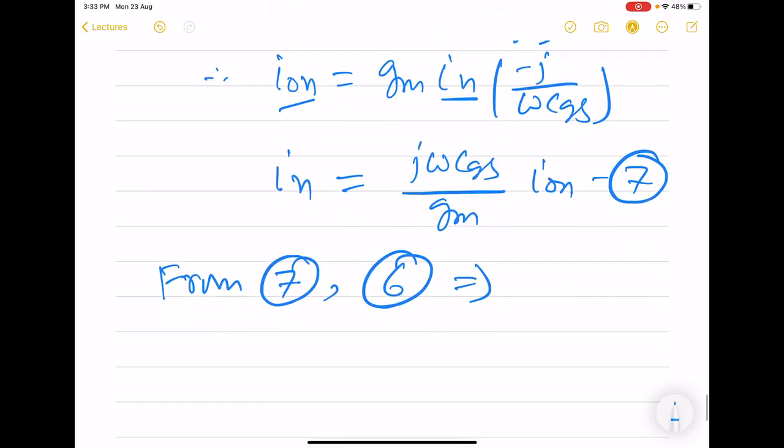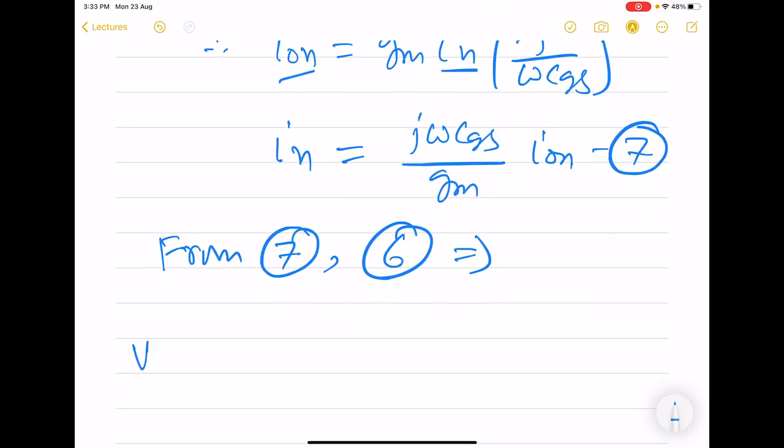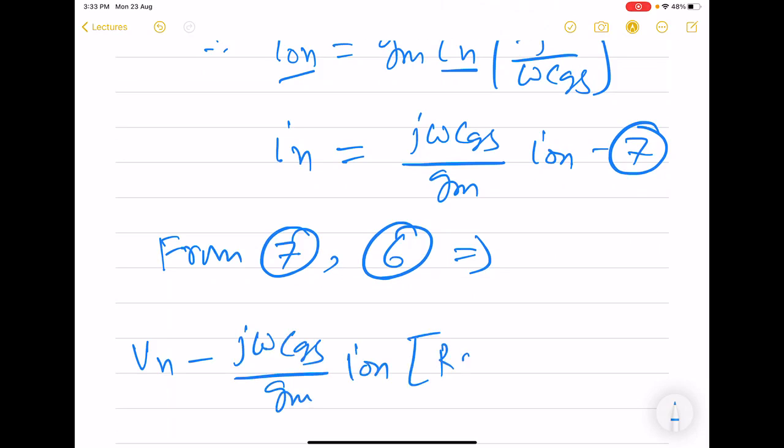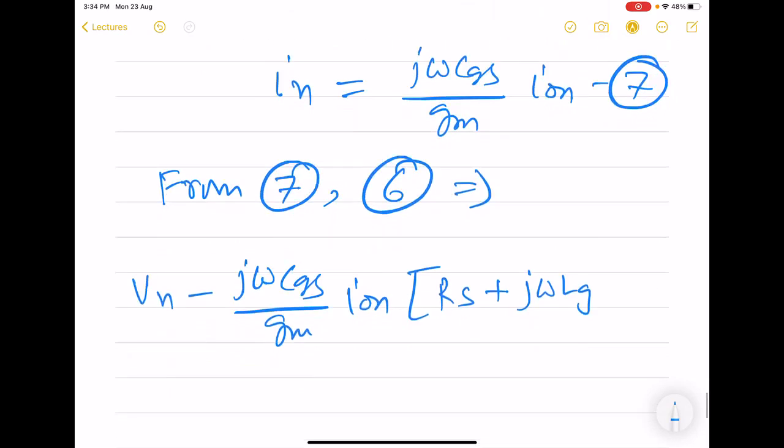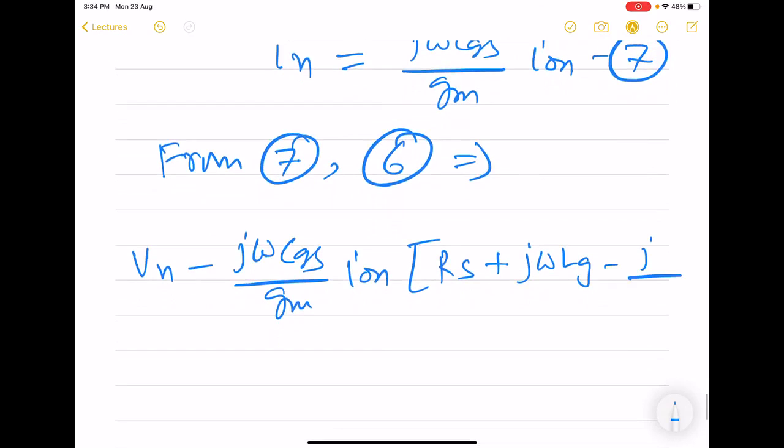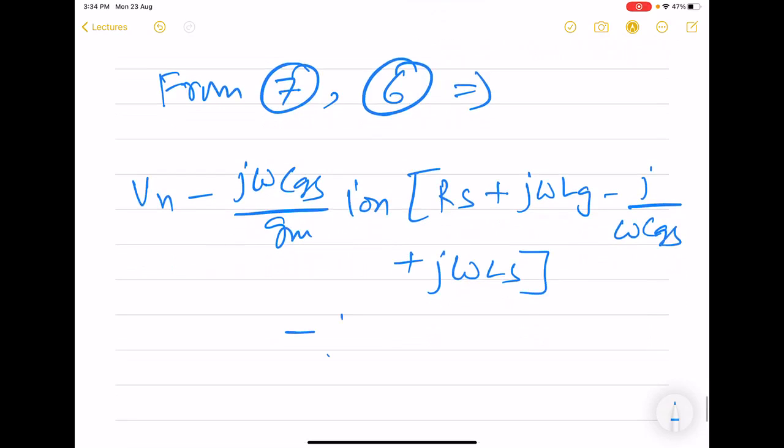So 6 gives us Vn minus j omega CGS by gm ION into Rs plus j omega LG minus j by omega CGS plus j omega LS, and finally minus j omega LS ION is equal to 0.